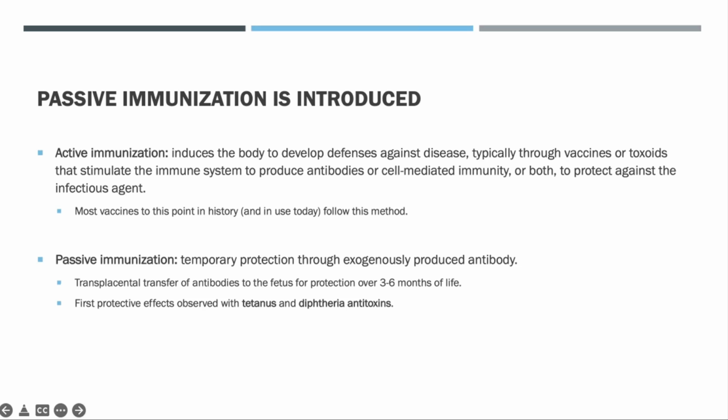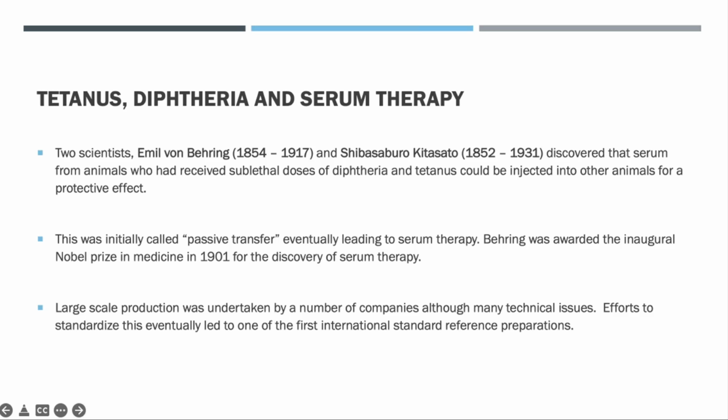And this is really what formed the basis for using the protective effects of antitoxins for tetanus and diphtheria as well. What they refer to as serum therapy. Behring also did some key work in this area.